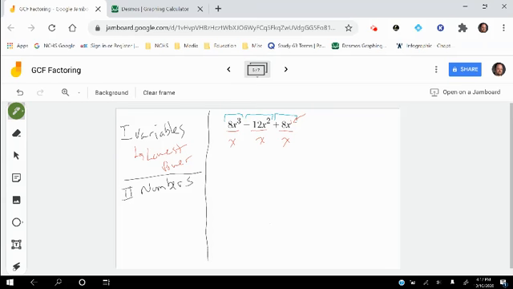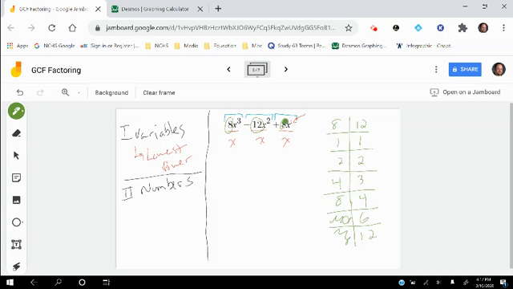Now I look at my numbers. So I have 8 and 12. I have another 8, but I only care about it once. So 8 and 12. Well, 8 has 1, 2, 4, and 8. 12 is 1, 2, 3, 4, 6, and 12.